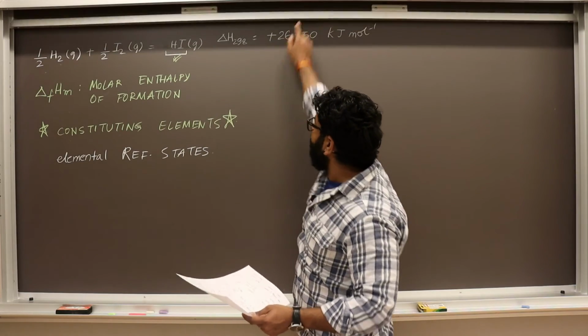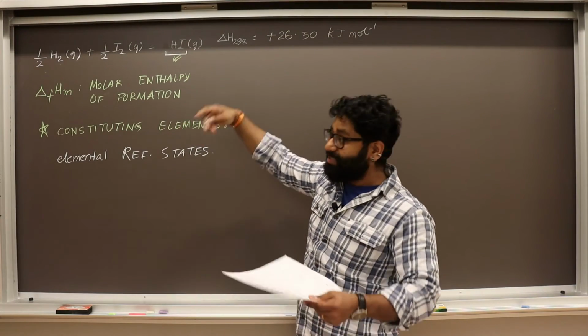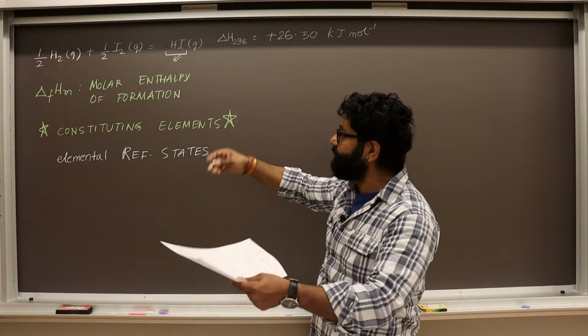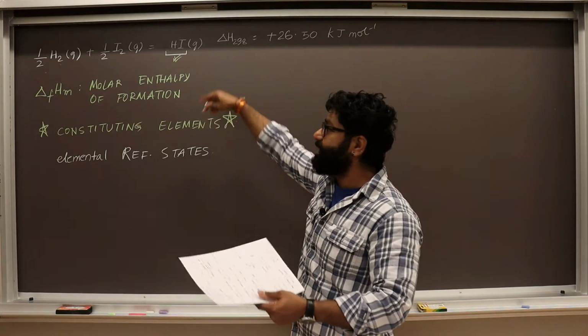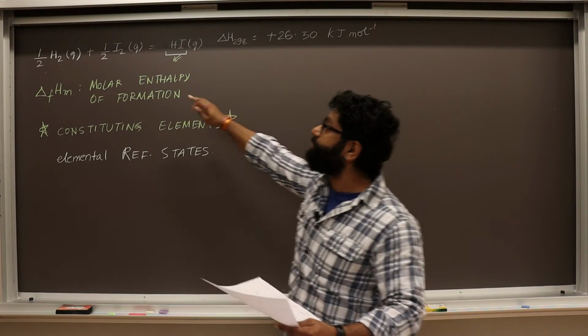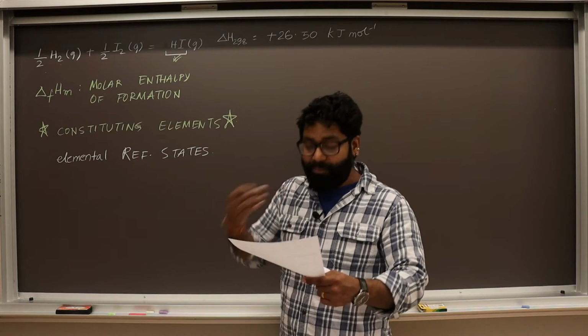This was a formation reaction. Something was forming out of its constituent elements, like hydrogen and iodine were the constituent elements of HI, and HI was being formed. So when you're forming something, the delta H becomes a molar enthalpy of formation.